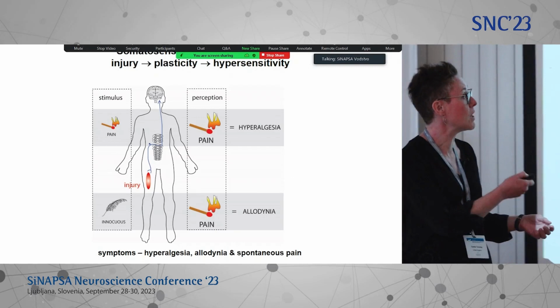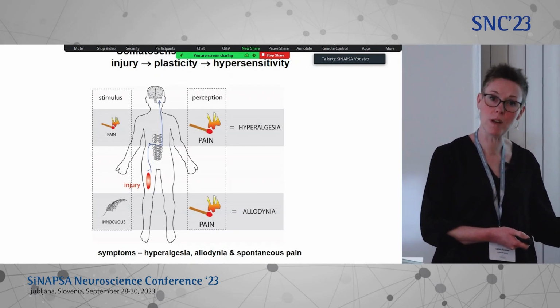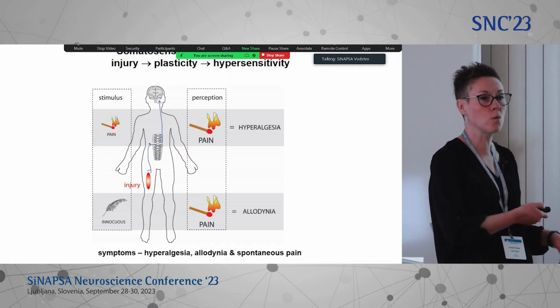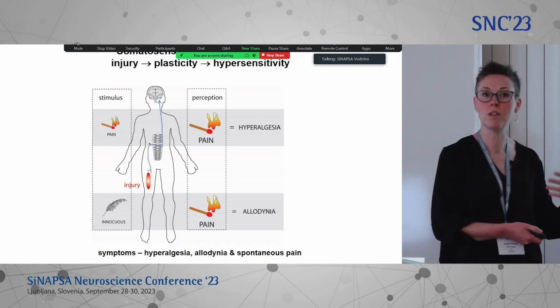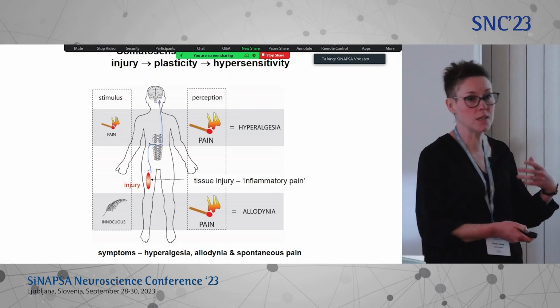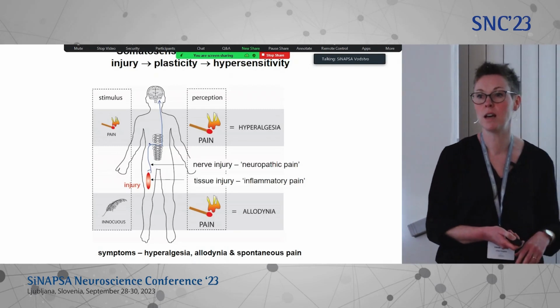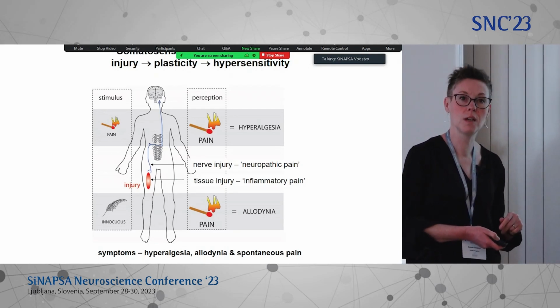So we know that hyperalgesia is when a painful stimulus is perceived as being more painful, exaggerated pain, whereas allodynia is when a non-painful stimulus is perceived as being painful, if you like, tactile evoked pain. And these symptoms occur following tissue injury, inflammatory pain, and also following nerve injury, neuropathic pain.